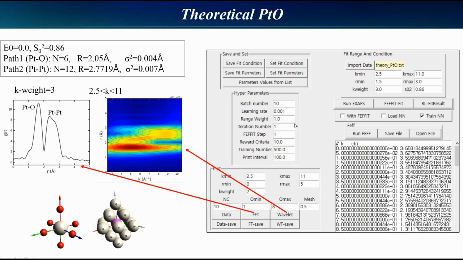I prepared the mimic platinum oxide EXAFS data obtained from FEFF for platinum oxide and platinum pairs. So I fixed the parameters. E0 is 0.0, and S0 scale is 0.86.